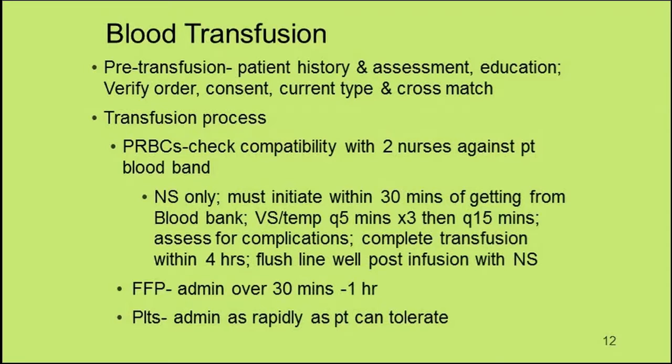Once the patient is typed and their Rh positive or negative is determined, then they will cross match the patient for antibodies. They will determine if the patient has any existing antibodies in their blood already that could potentially react to a transfusion.